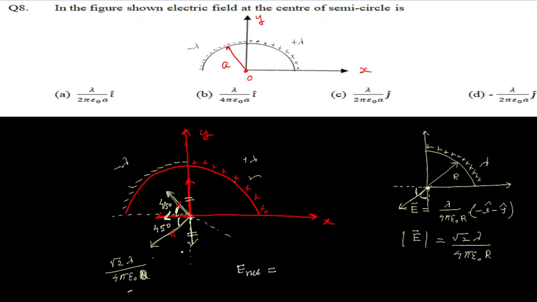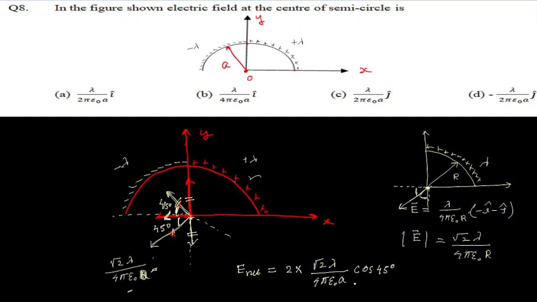So what will be the net electric field in this case? It will be cos 45 of this electric field times 2, because one component comes from this part and one from the other part. So we get 2 into root 2 lambda divided by 4 pi epsilon naught a, times cos 45.